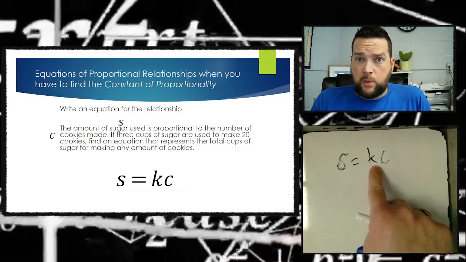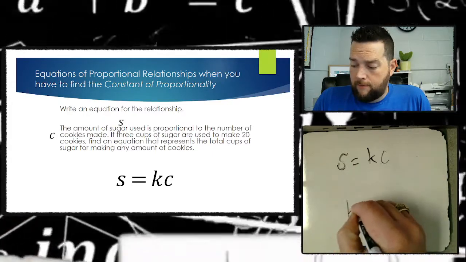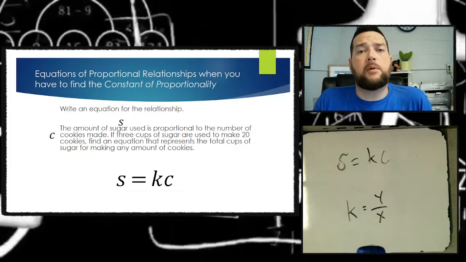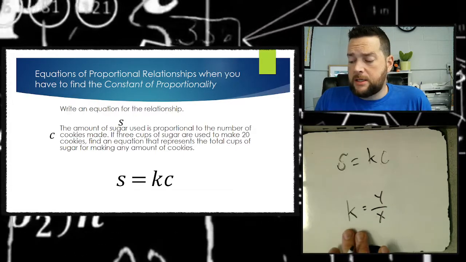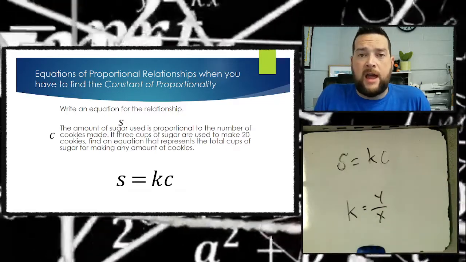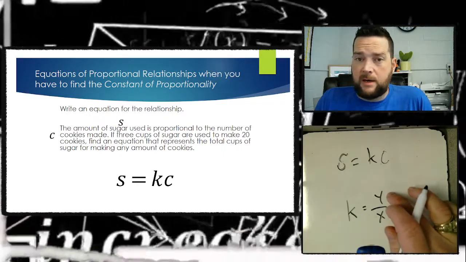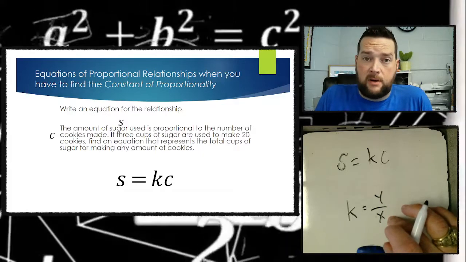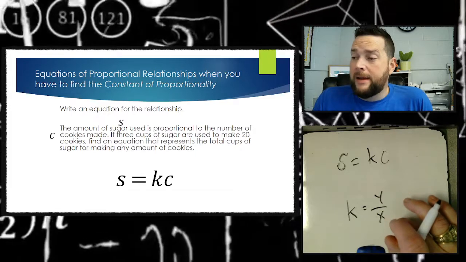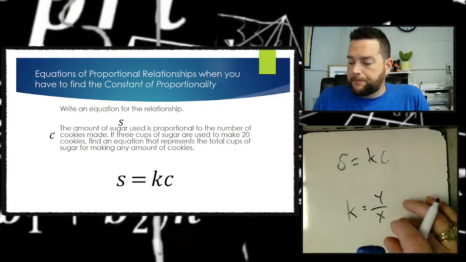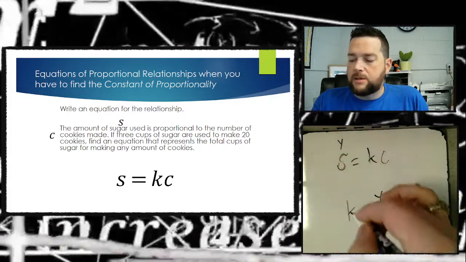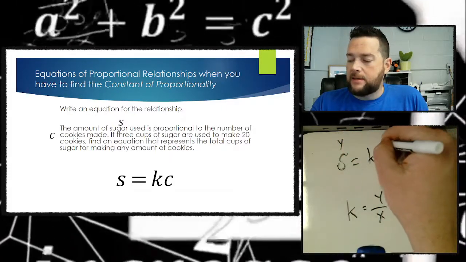Which means we need to remember the equation for a constant of proportionality, which is constant of proportionality equals your y variable divided by your x variable. Your dependent value divided by your independent value. Or to say it another way, your output divided by your input. And in the problem we see from our equation up here that the y is sugar and the x is cookies.